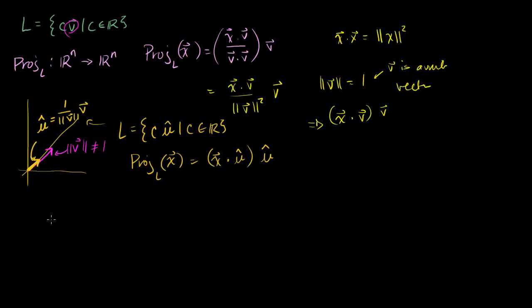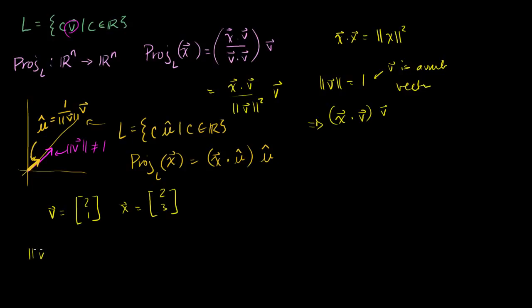And you can imagine the case that I did in the previous video where I had those two vectors, where the vector v that defined the line was the vector 2, 1, and our vector x was equal to 2, 3. If you want to use this definition, we just have to turn v into a unit vector first. The way you do that is you figure out the magnitude.